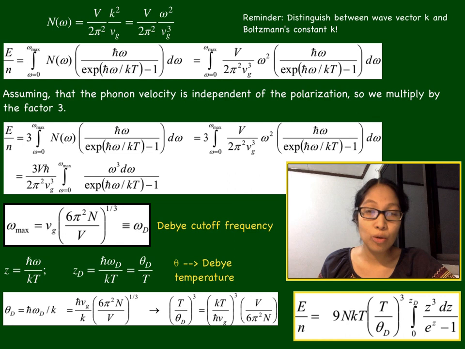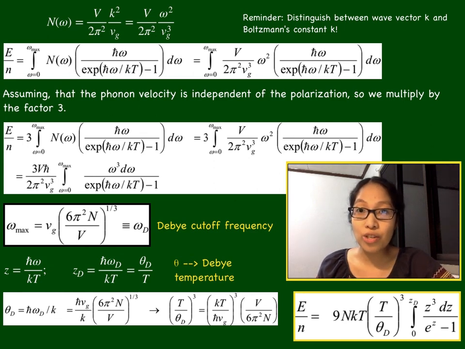At this point, we perform a change of variables from omega to z. So the limits of integration will be from 0 to a Debye parameter z sub D. Z sub D is equal to theta over temperature T. Theta is the Debye temperature, and then you substitute the expression for the Debye cutoff frequency to get another equation for the Debye temperature.